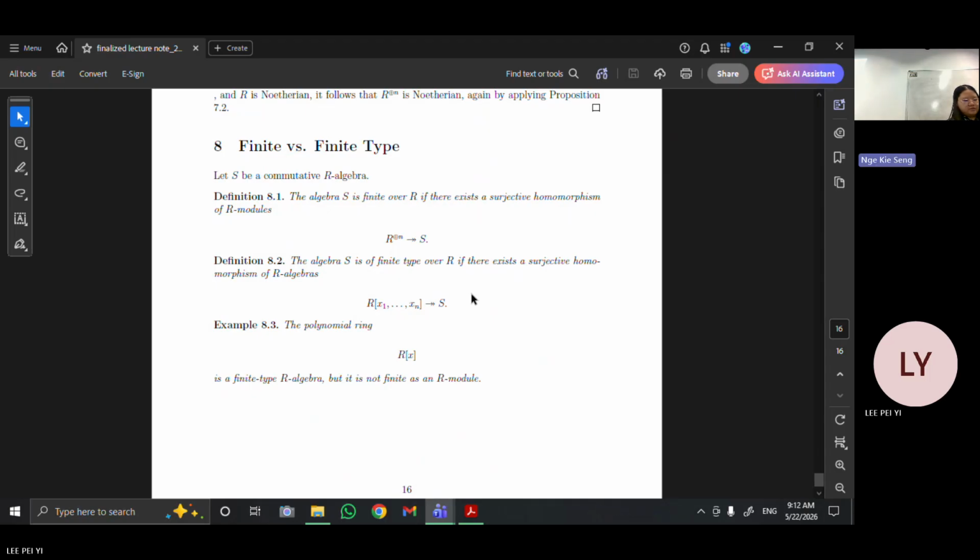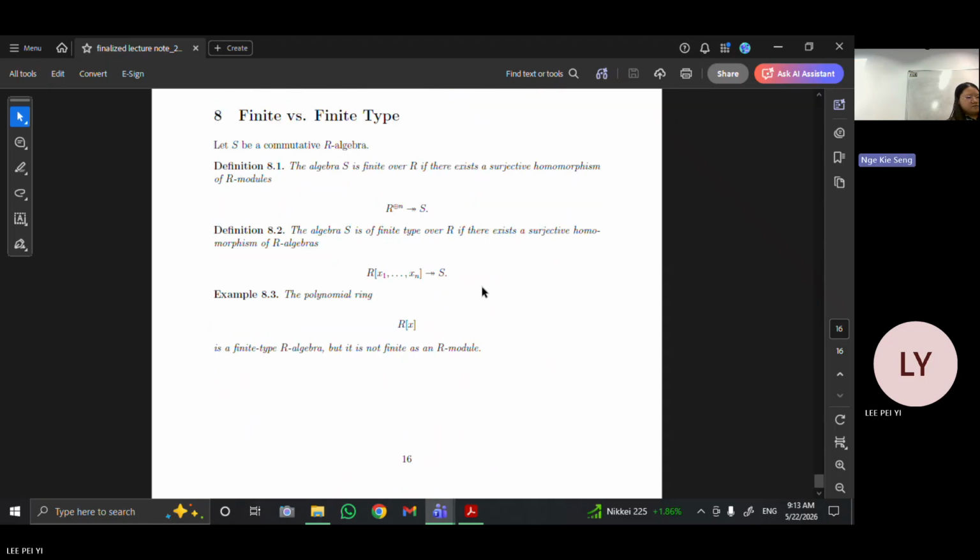However, as an R module, it requires infinitely many generators, one, x, x squared, x cubed, and so on. Hence, it is finite type but not finite.